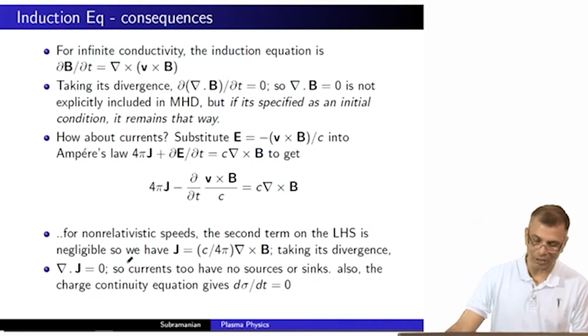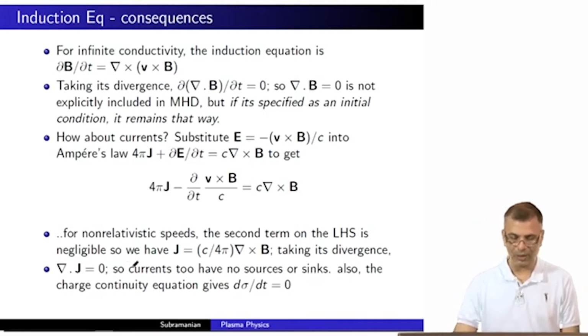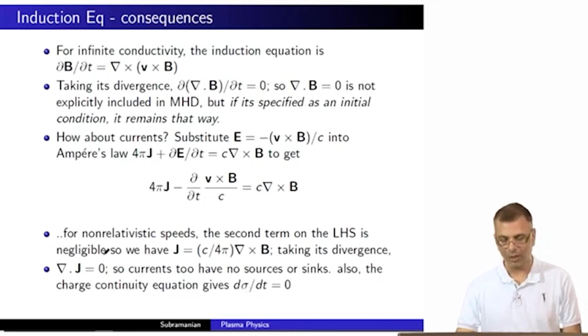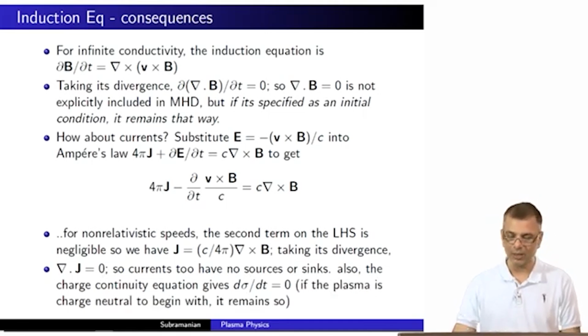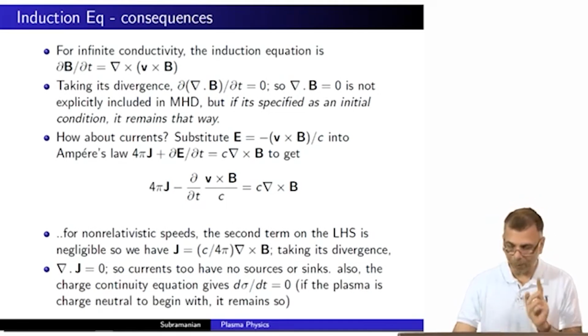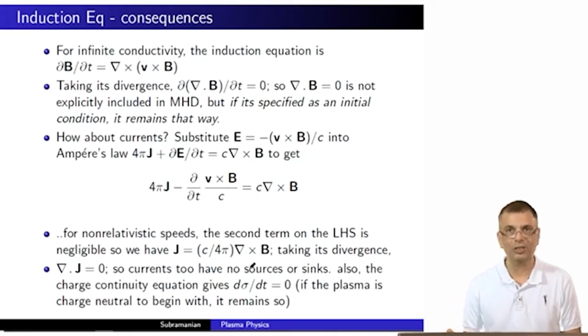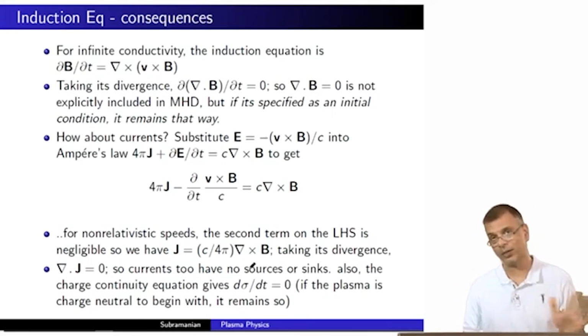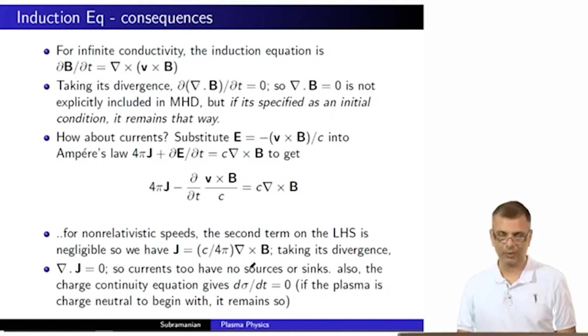And the other thing is the charge continuity equation, which essentially said that divergence of J plus d sigma dt was equal to zero. Since the divergence of J is equal to 0, d sigma dt is also equal to 0, right. So, in other words, if the plasma is charge neutral to begin with, sigma is the net charge density, you remember, right. So, if the plasma is charge neutral to begin with, it remains that way for all time. Okay.